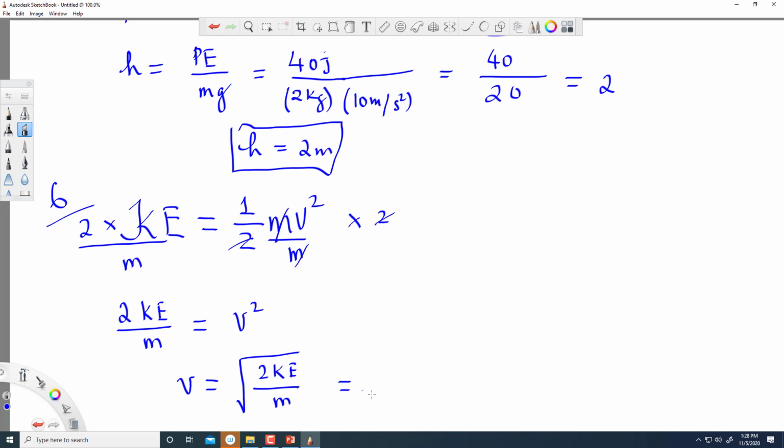And the rest is just plugging in the numbers. So 2 times kinetic energy is 20 joules, mass is 0.5. If you guys have a calculator, do the calculation and tell me the number.